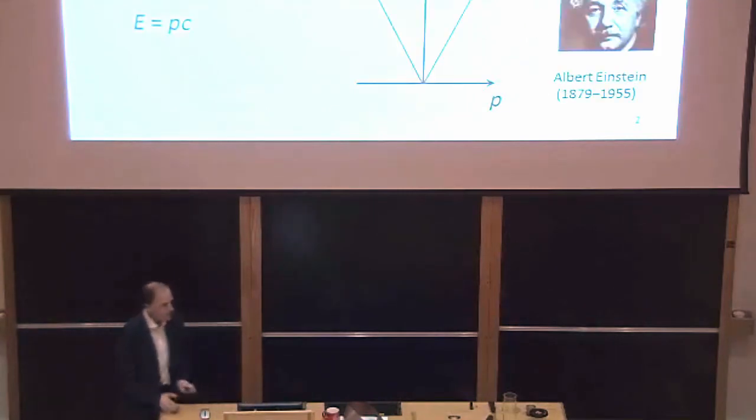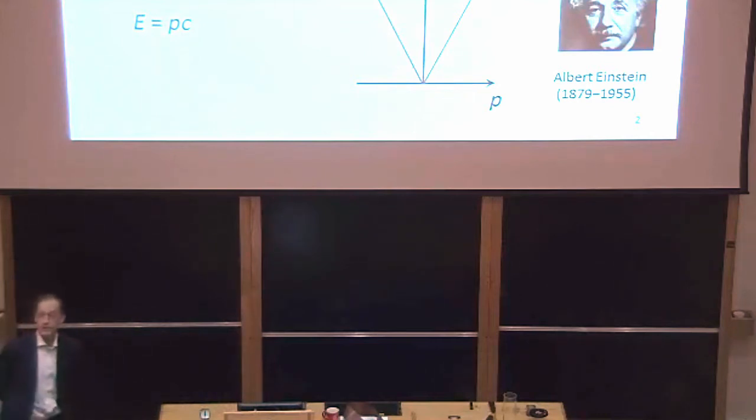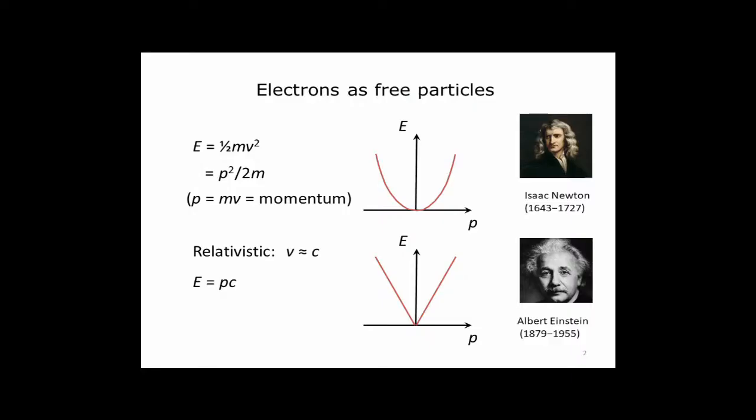Before I start talking about electrons in solids, let me say something about electrons that are not confined in solids, that are just free to move around in empty space. We know from the time of Newton that electrons have mass, and therefore we can talk about the kinetic energy of the electrons, which is given by a half mv squared.